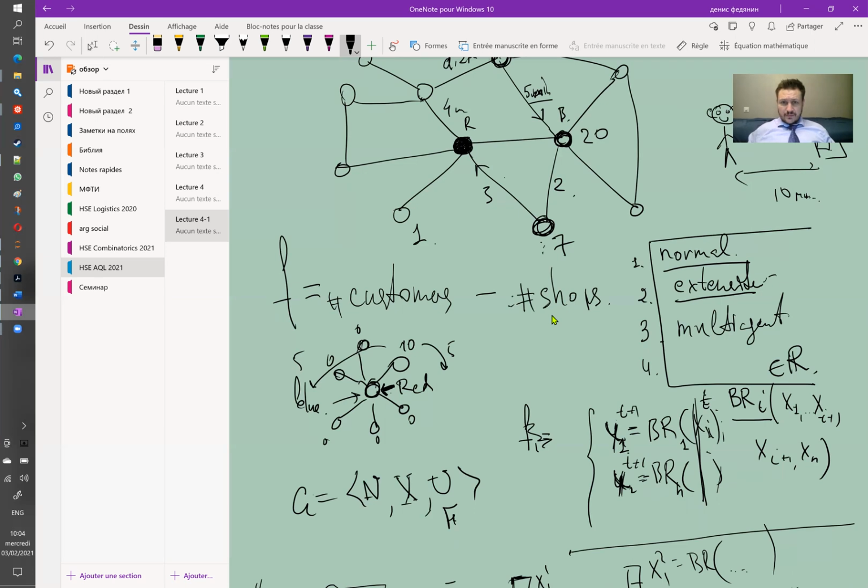For example, the red player has 5 ice cream sellers, like employees, and the blue player has 7 such sellers, and they have to place them. And the strategy now is not one number, but a vector of 5 numbers.